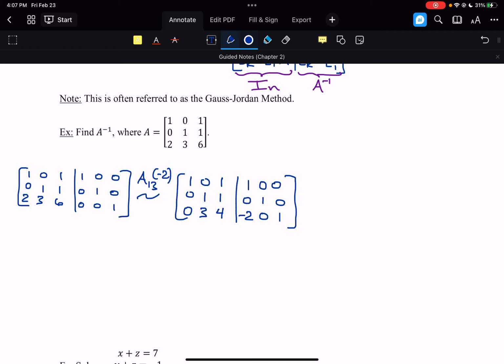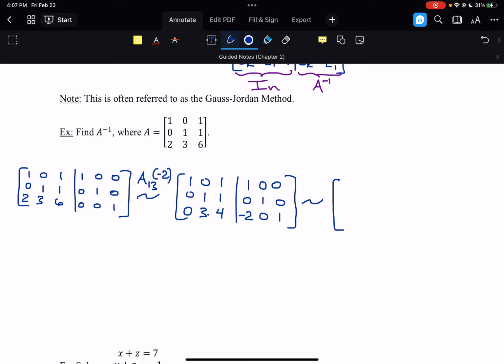This is a time when it is particularly important to keep track of your EROs very carefully, because it's very easy to misplace a number or to skip a row by accident or to apply it to the left-hand matrix but not the right-hand matrix. So very important to exercise caution when going through these problems.